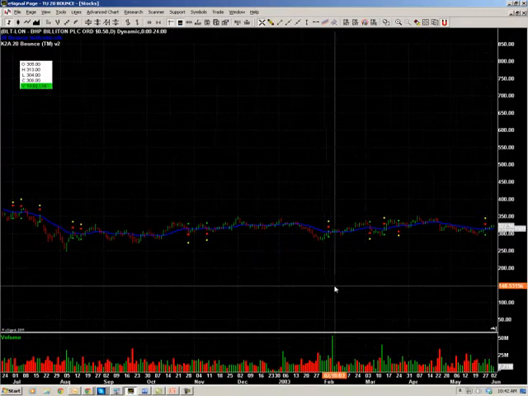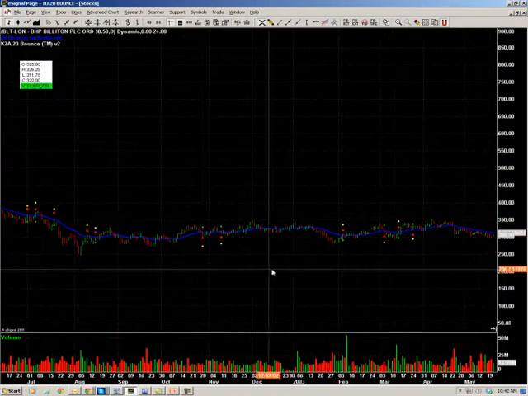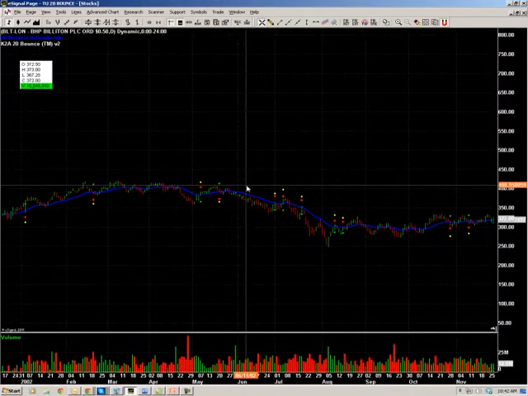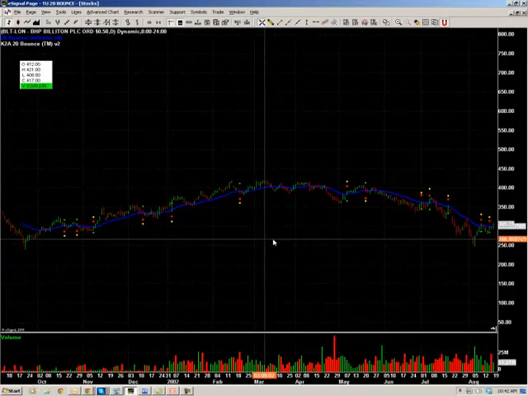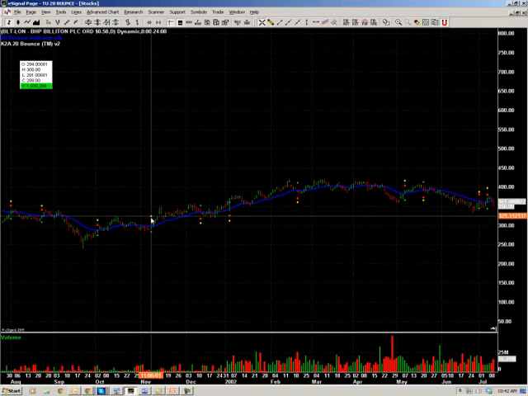Right. Kind of a bit choppy there, messy. It's not really going anywhere. This one is actually following a bit of a pattern there. That's better. This move here normally gives 2, 3.